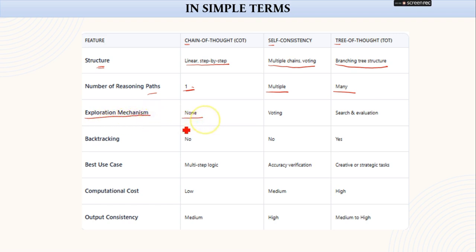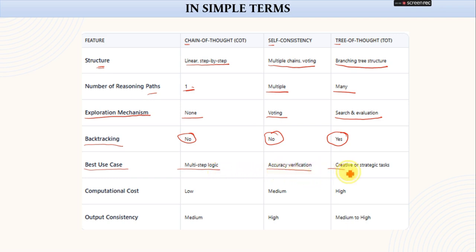When it comes to exploration mechanism, chain of thought doesn't follow any exploration mechanism. Self-consistency follows a voting mechanism, where the most consistent answer is picked based on voting. For tree of thought, the mechanism is search and evaluation. When it comes to backtracking, there is no backtracking involved in chain of thought, and also none in self-consistency, but there is backtracking in tree of thought to select the most consistent reasoning path. When it comes to best use cases, chain of thought is really useful for multi-step logic.